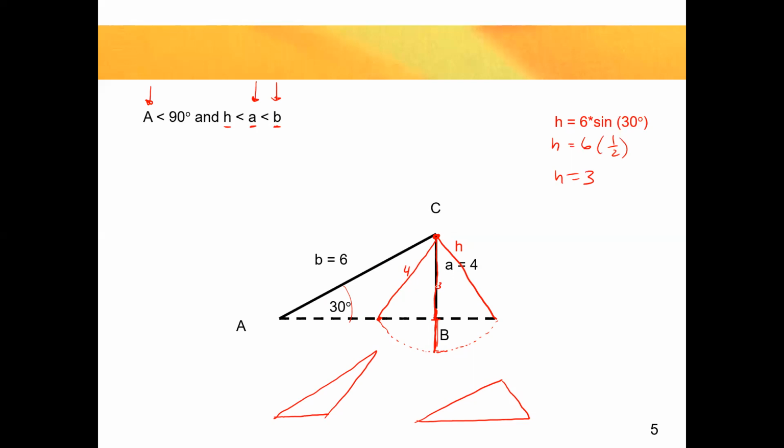But in this case, I have 4. So I have enough that I need to get to the other side. And then I'm able to swing this extra unit of 1 both ways. I could just swing it to the right as well as to the left, and it forms 2 different triangles for me.